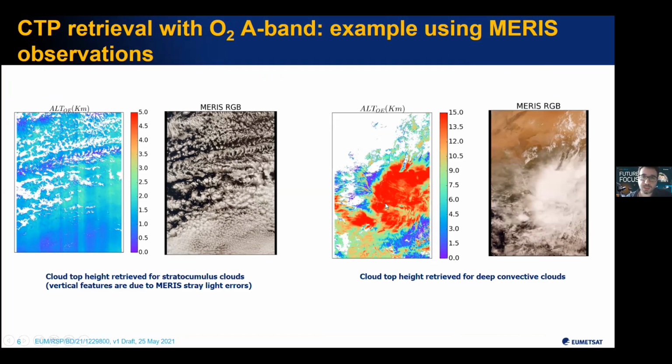That is an example of the cloud top height in the two cases. These bands are due to a stray light effect in MERIS, so it's nothing to do with the algorithm in particular. So we see here the retrieval of cloud top height, homogeneous over these stratocumulus clouds, and a more complex scene here on deep convection.